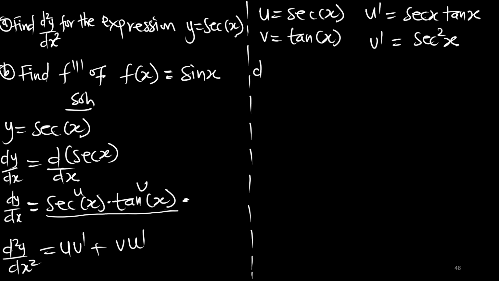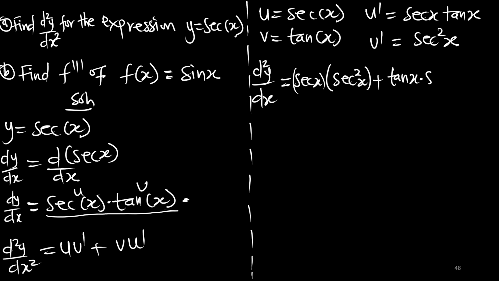Now our u, which is sec x, is going to multiply the derivative of v, which is sec square x, plus now we are going to have v, which is tan x, multiplying the derivative of sec x, which is sec x tan x.